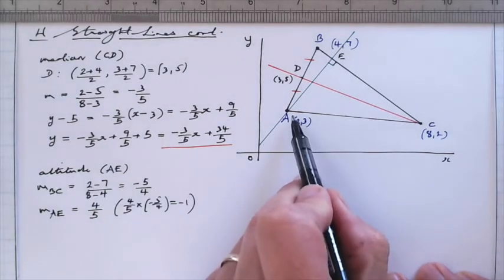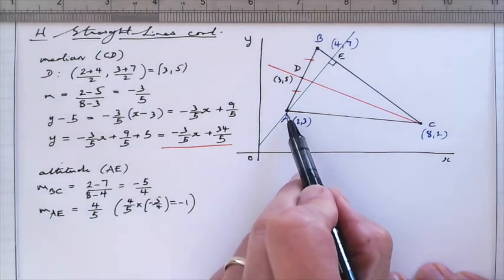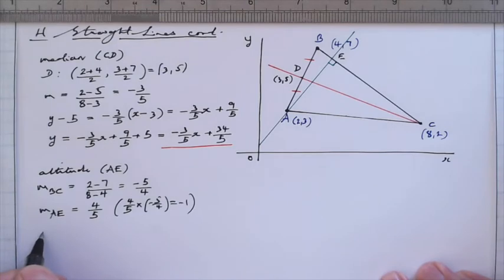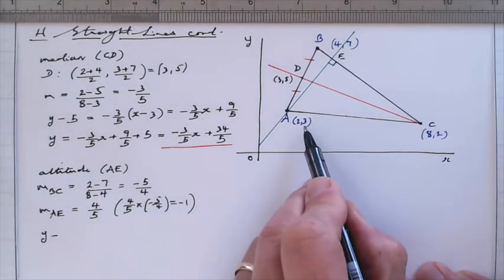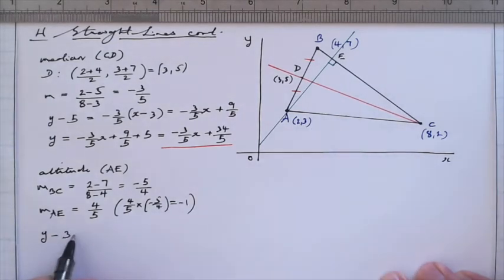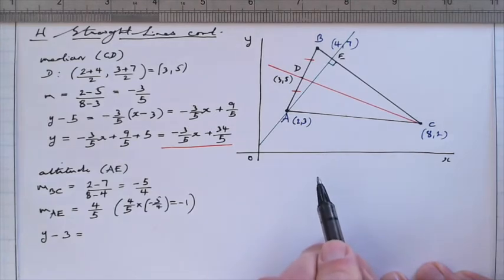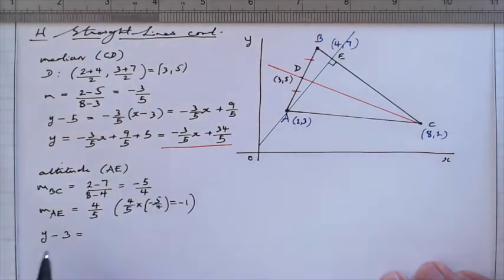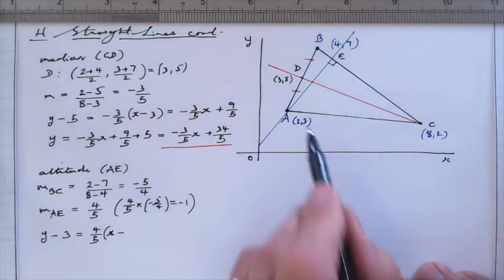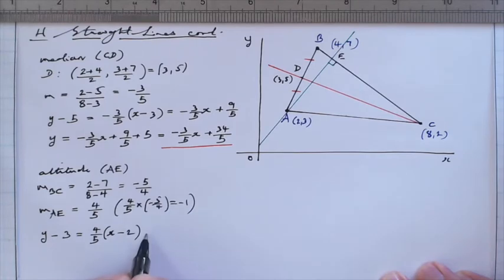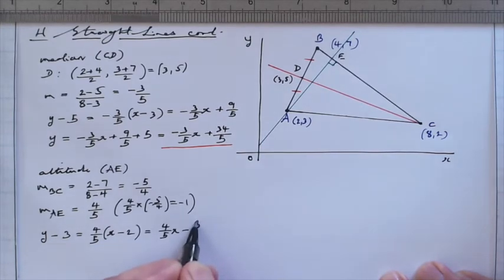We have the slope, we have a point on this altitude, so the variable y, take away this y value, which is 3, is equal to the slope of the line, which is 4/5, multiplied by the variable x, take away the x value of this point. Just multiply that out. We have 4/5 x, take away 8/5, and I can just tidy that up.